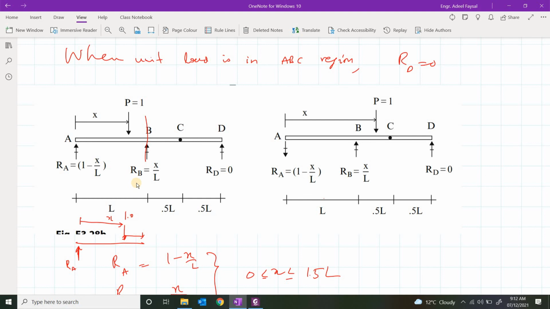The location of the unit load is defined by distance x. And this is L. So this should be L minus x. Then you can find out the bending moment at this location, and that happens to be 0. Just happens to be 0. It means that the bending moment will be a flat line.